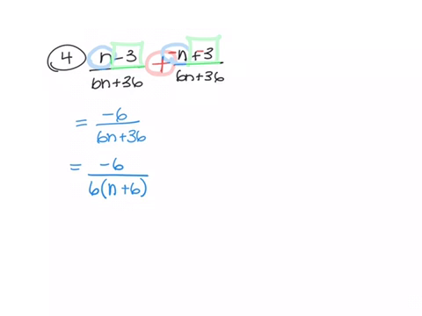So now we can reduce this much like we did the first question. These 6s will cancel each other out, which makes it look like in the numerator you just have a negative sign floating with nothing attached to it. Remember, if a whole area, either numerator or denominator, cancels out, there's still technically a 1 there. So in the numerator, we would have negative 1, and in the denominator, we would have n plus 6. This would be your answer in simplest form.